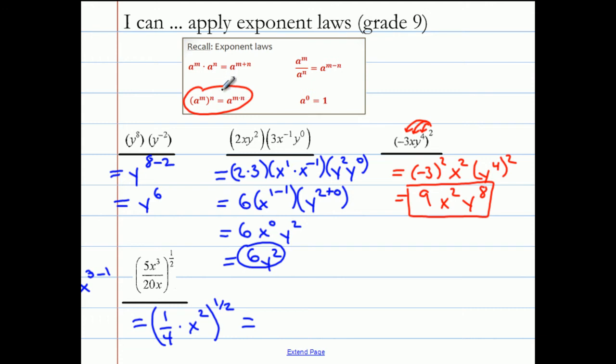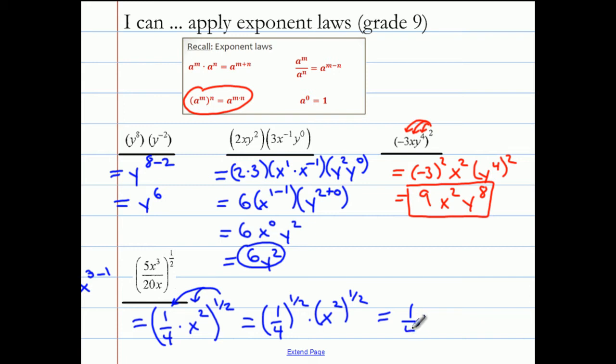So even though it's a fraction out here, the same rule applies here. So we distribute this 1/2 into each of the terms inside the bracket, and we just carry on from there. So 1/4 to the 1/2 times x squared to the 1/2.